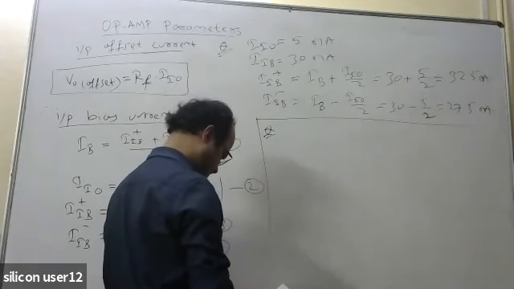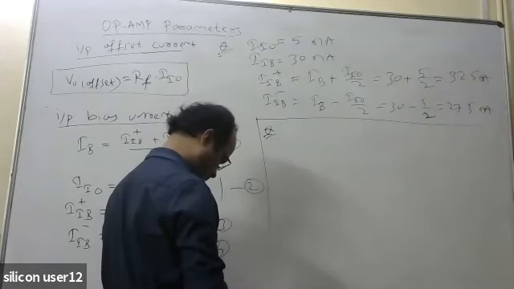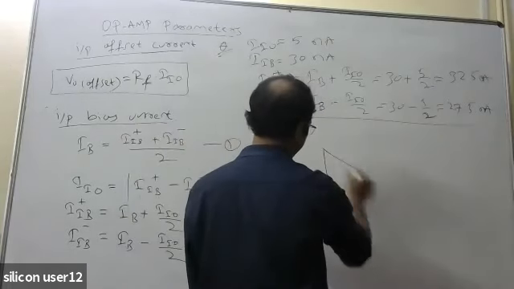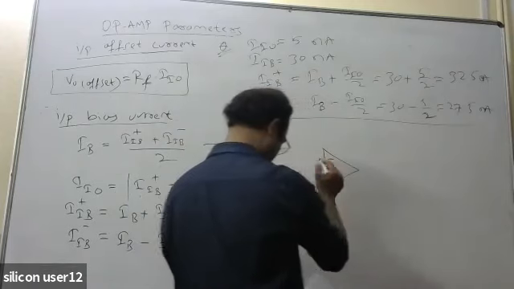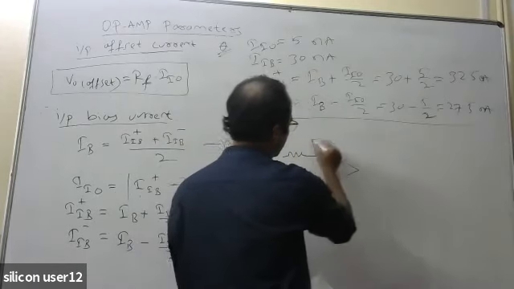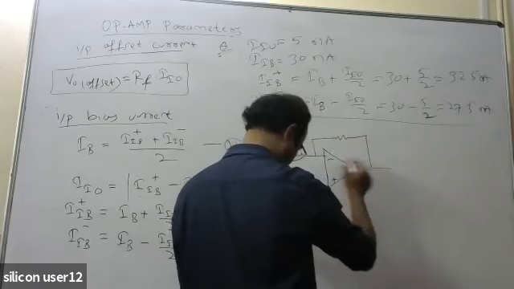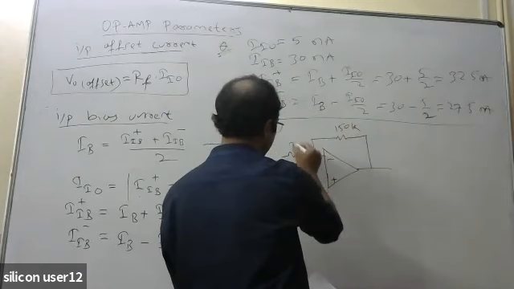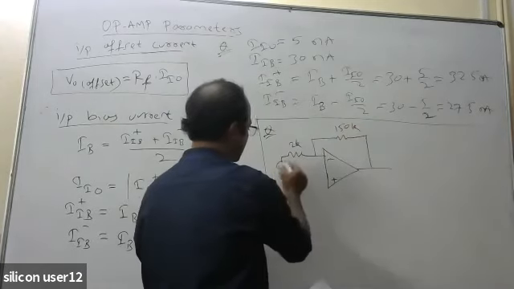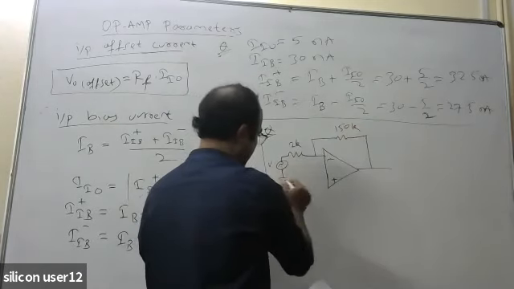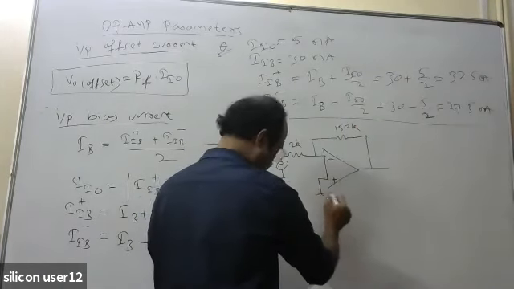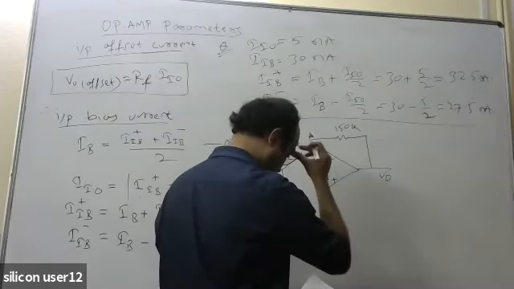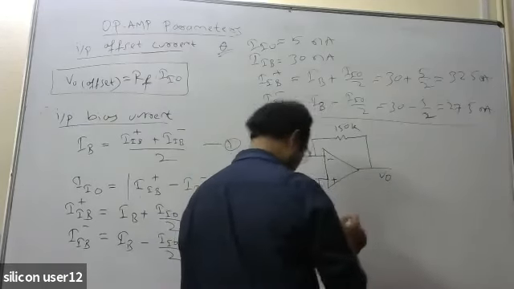Another question. RF is 150K, R1 is 2K. Some input signal is given here. It says that IIO is 100 nanoampere.